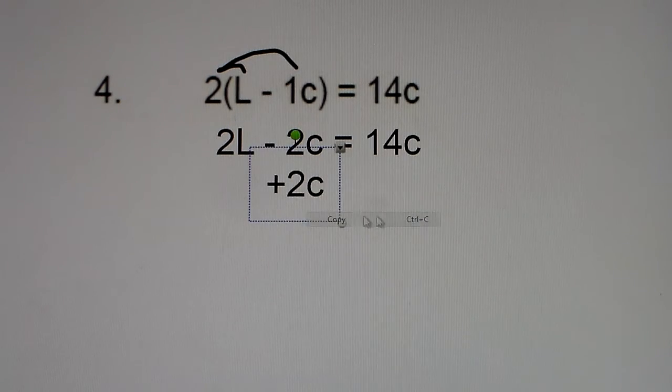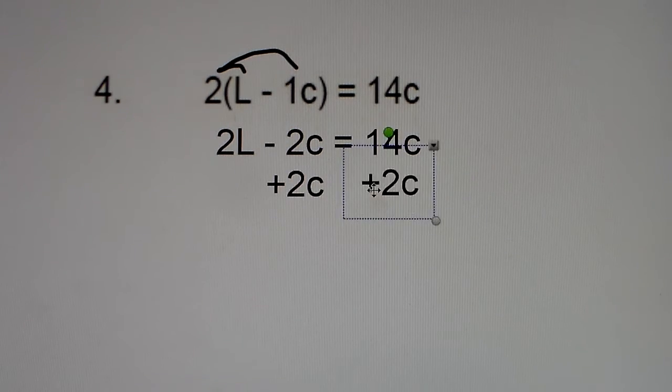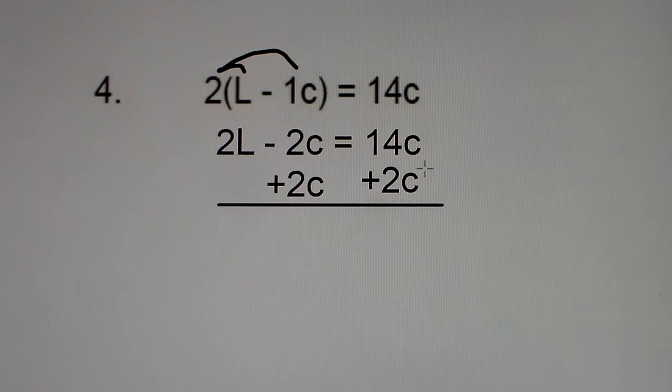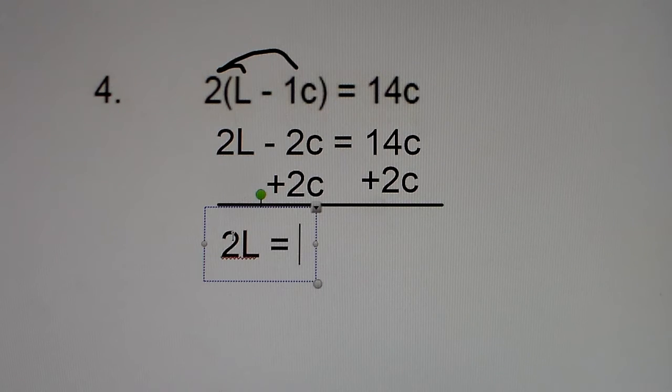We use those inverse operations just like we've been practicing in class. Now we have 14C plus 2C. Oh, look at that, they both have a C to the first power, so I'm going to combine them. I can do that because they're the same variable to the same power. So 2L, not getting canceled or having anything added to it, equals 14C plus 2C, which gets you 16C.